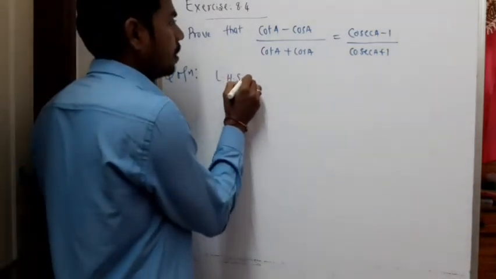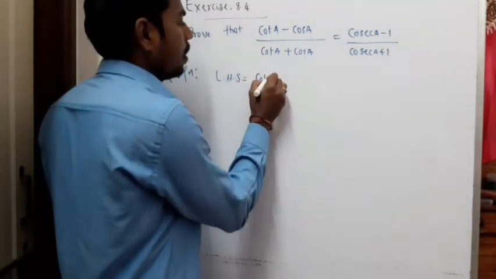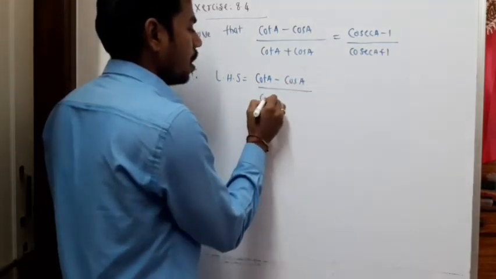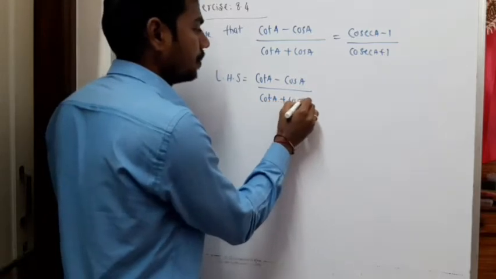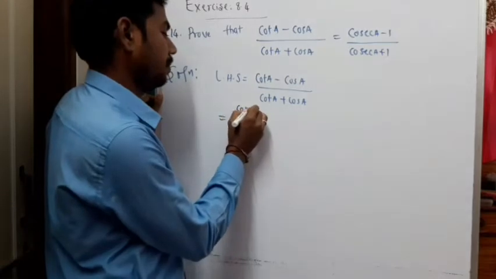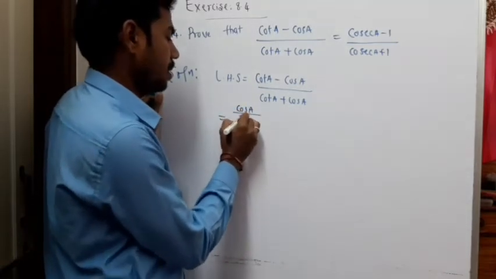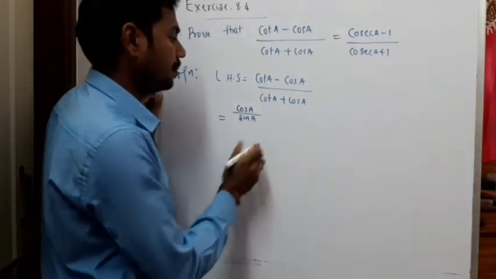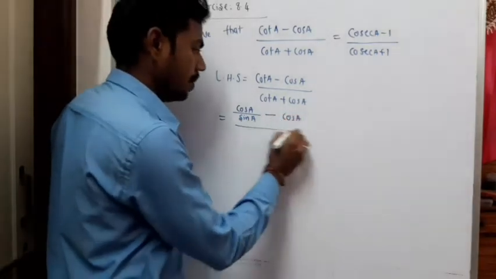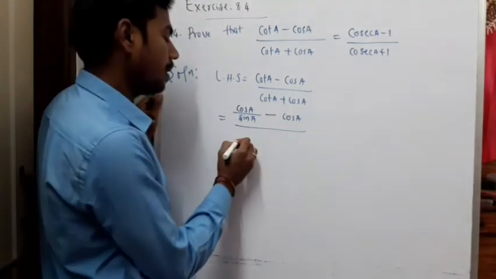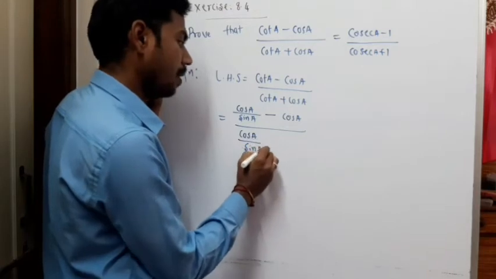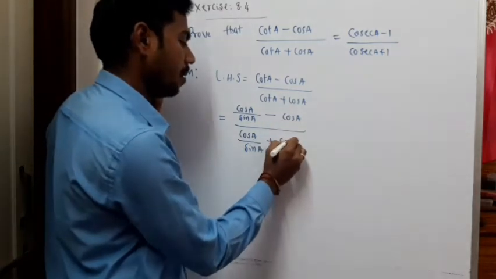LHS is cot A minus cos A divided by cot A plus cos A. Okay, cot A can be written as cos A divided by sin A minus cos A, divided by cot A, which can be written again as cos A divided by sin A, plus cos A.